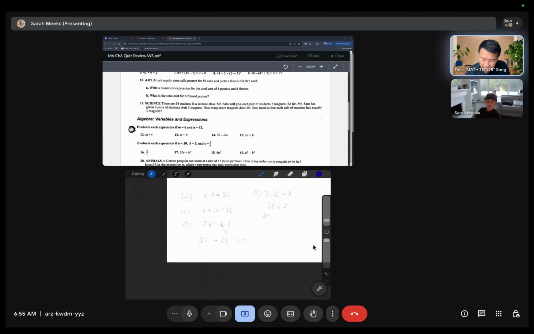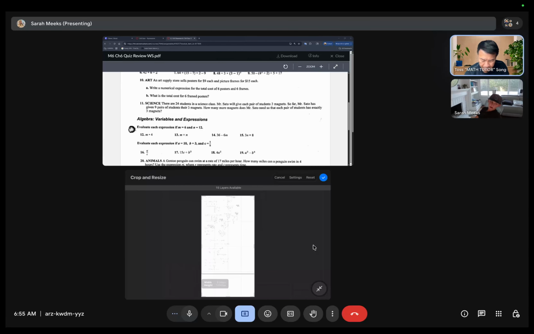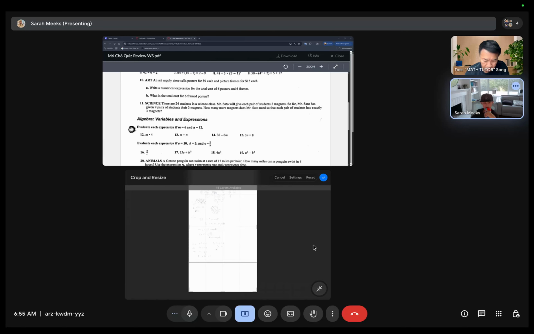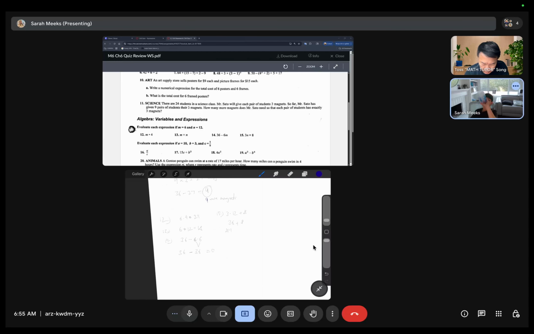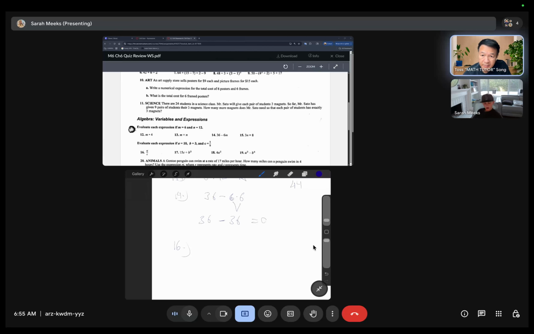And then continue, 16 here. How do you make this? Okay, this is a good one. You haven't been taught to simplify a complex fraction, like a fraction inside a fraction, yet. But I'll show you, it's not that bad.